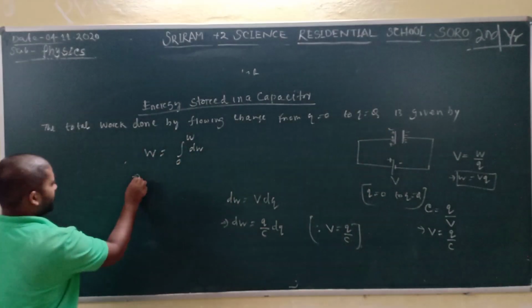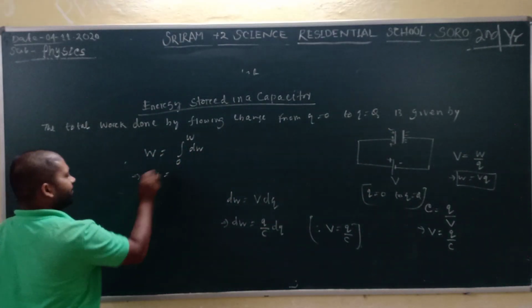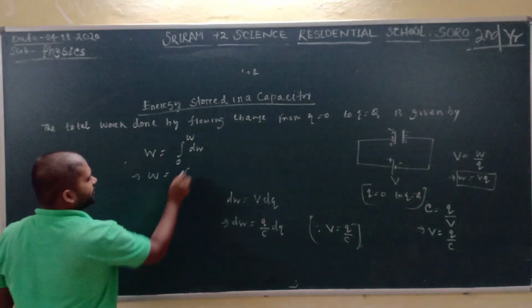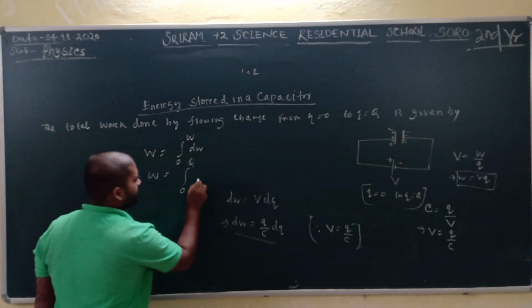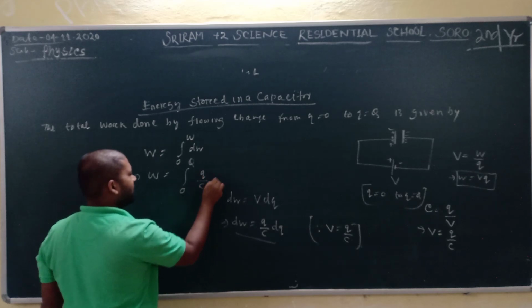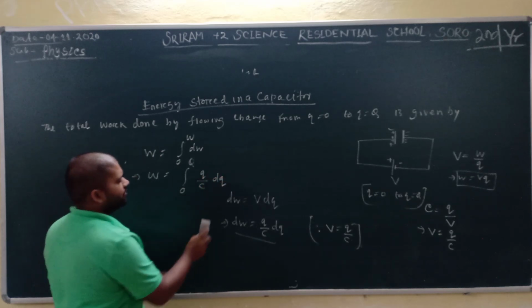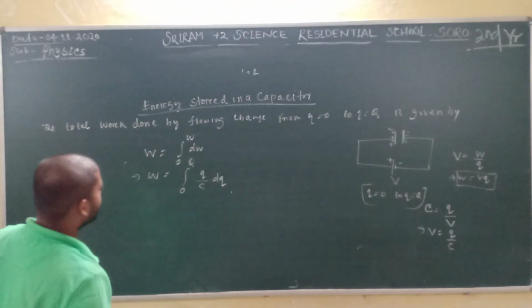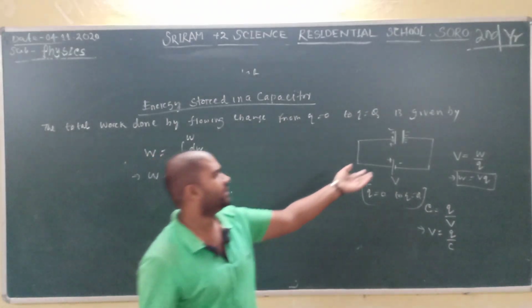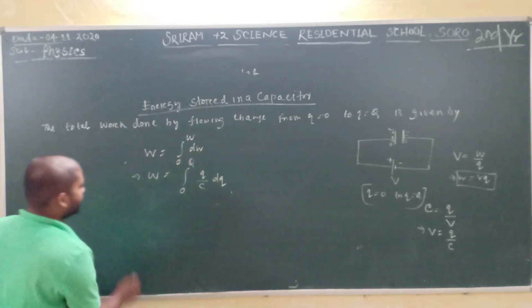So W equals the integration from 0 to capital Q of Q by C into dQ, where C is the capacitance, and we are taking a constant capacitance.